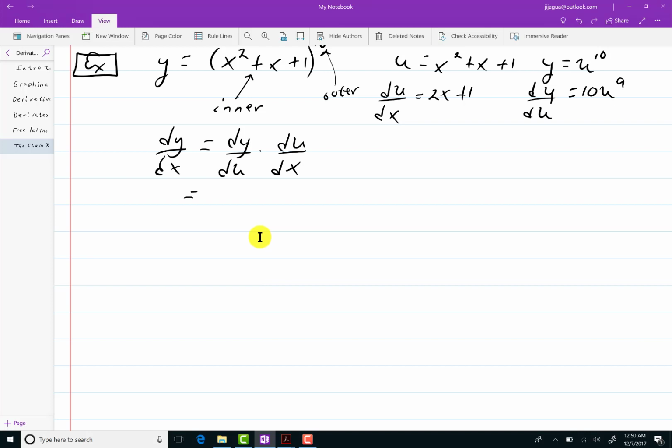All right, so dy over du was 10u to the 9th, and then du over dx was 2x plus 1, and u, okay, so 10 times x squared plus x plus 1 to the 9th times 2x plus 1.